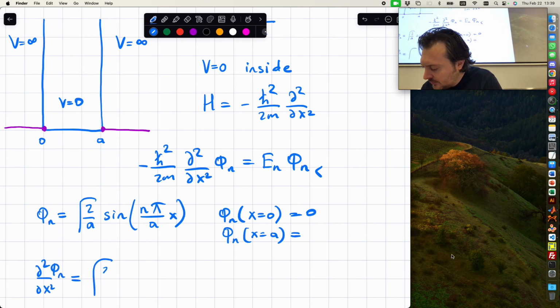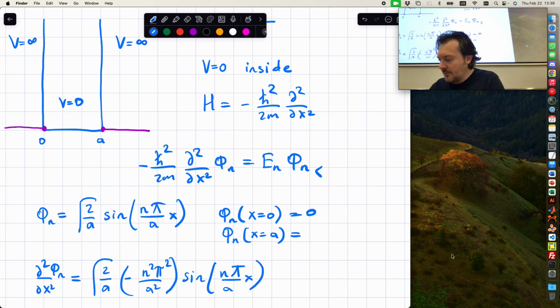You get square root 2 over a, and you get minus n squared pi squared over a squared sine n pi over a x. Does everyone agree with this or not? I took twice the derivative of sine alpha x, so I got minus alpha squared sine alpha x.